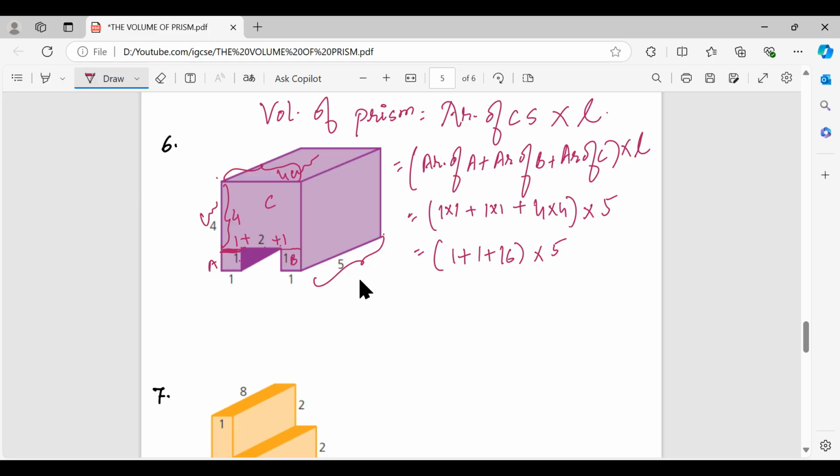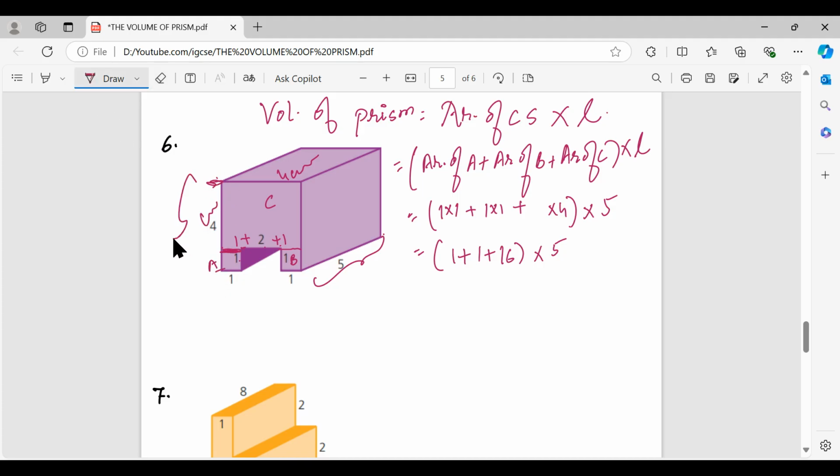Now, one thing: we cannot say this, there is a mistake here. We cannot take the whole length. The whole length here is 4, from here to here.